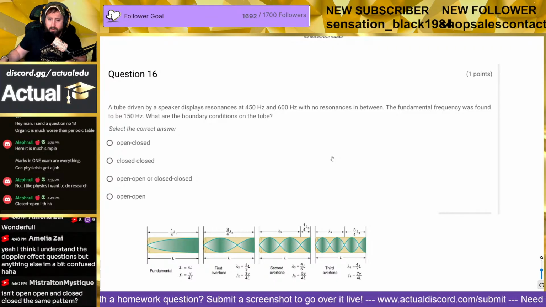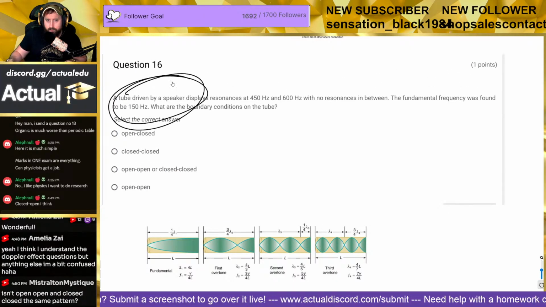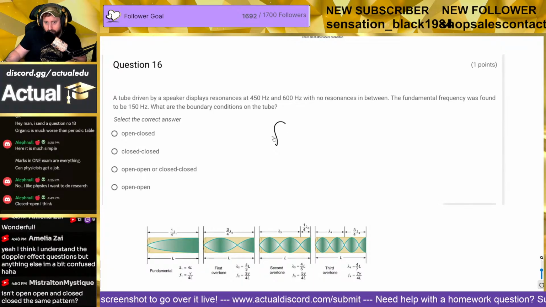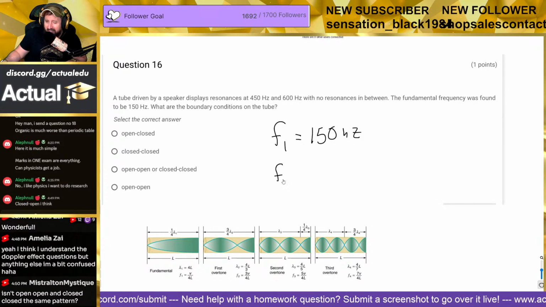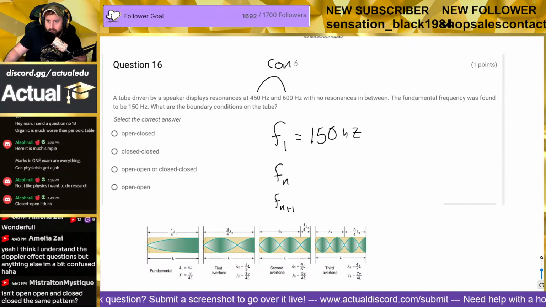So it says the fundamental frequency was found to be 150 hertz, okay? So that means that F1 is equal to 150. And then we have, let's say, Fn and Fn plus 1, because we say there's no resonance in between, right? So these are what we call consecutive.